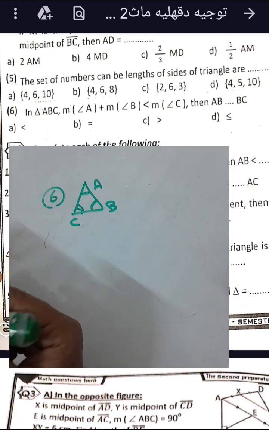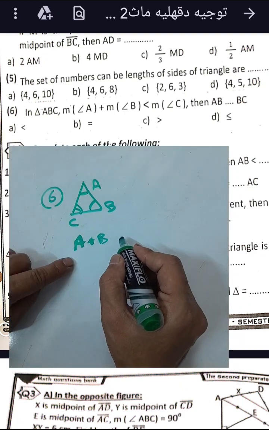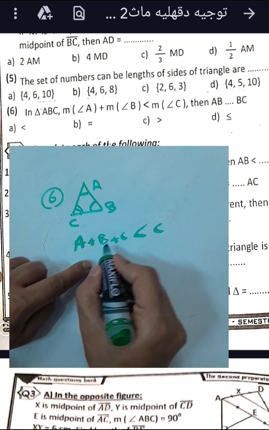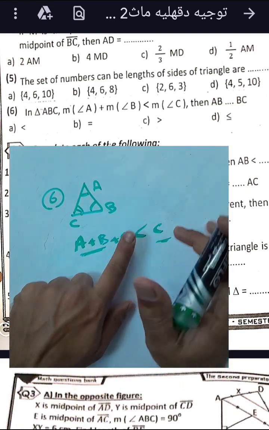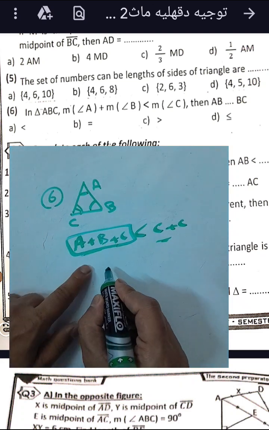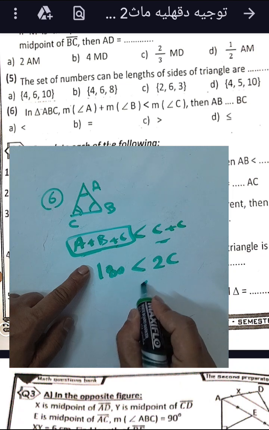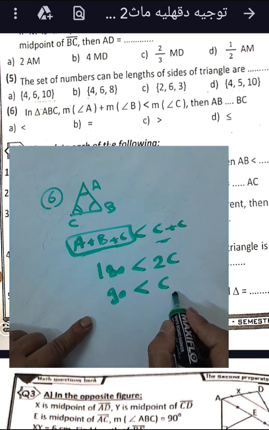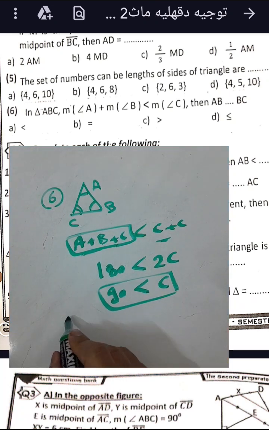He gives us that the measure of angle A plus B is less than C. If we add C to both sides, then the measure of angle A plus B plus C, which is 180, is less than twice the measure of angle C. If we divide by 2, the measure of angle C is greater than 90.